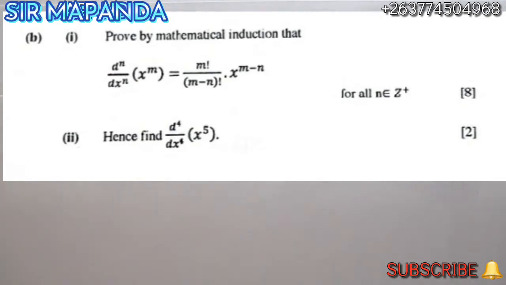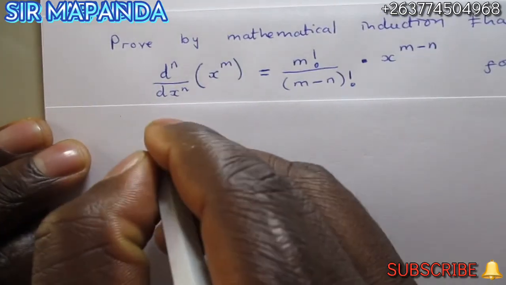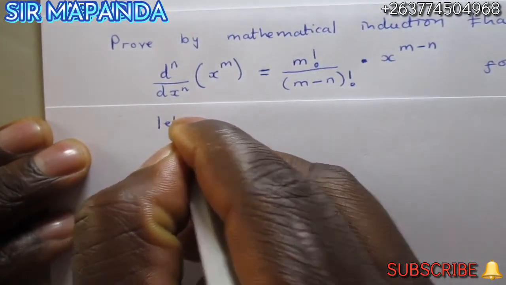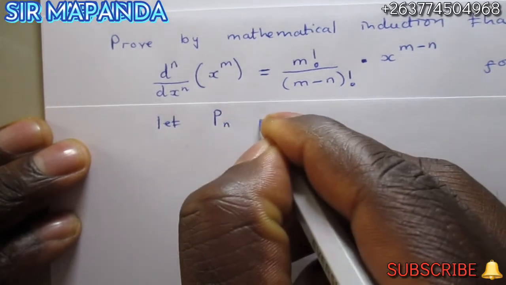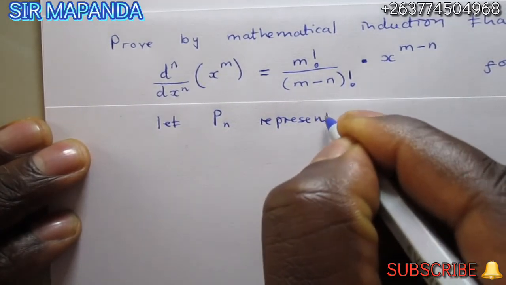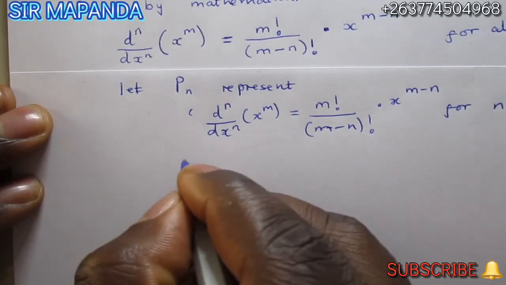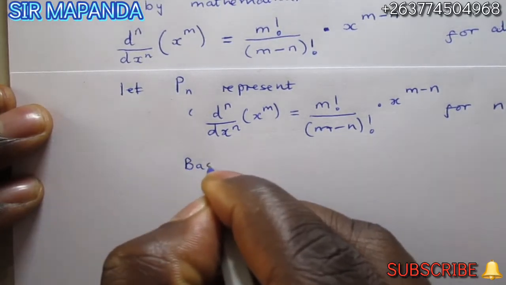So when attacking mathematical induction, you can start by writing, let Pn represent the statement. So we have the initial stage, which is known as the basic step.